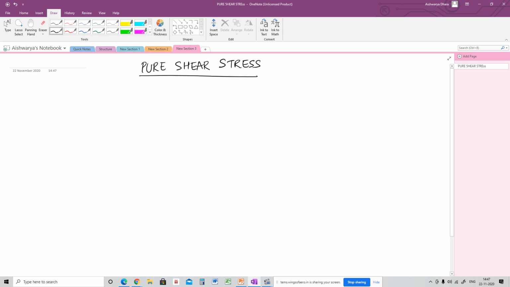Pure shear stress. So in this pure shear, as I have shown in the figure, there will be only shear.